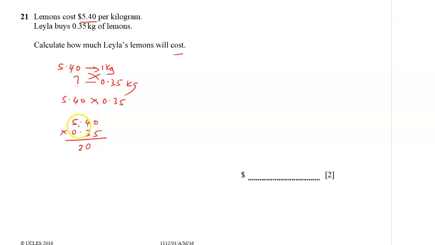This gives you 15. 15 plus 1 gets 16. Then 0, 0, then 2 for 20, 25. So this is 27. So 0, 0, 9, 8, 1. How many decimal places? 1, 2, 3, 4. So it will cost approximately $1.89.